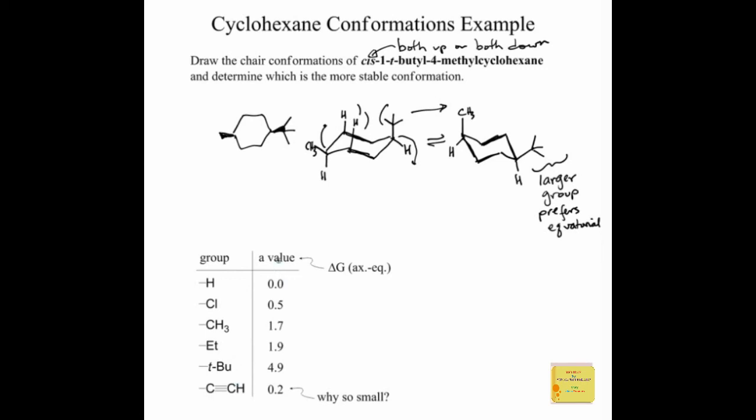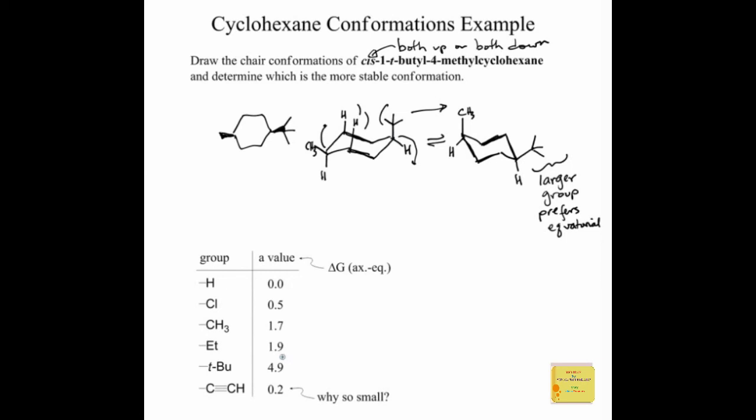We call this the A value. It's the energy difference between the axial and the equatorial. So of course for a hydrogen there's no difference. A chlorine is slightly larger, so it has a small energy difference. Methyl and ethyl are close to the same. Remember, an ethyl group can just rotate out of the way to avoid this interaction.